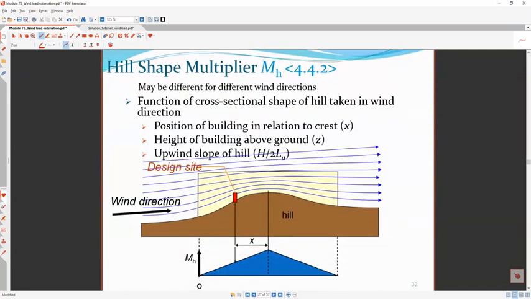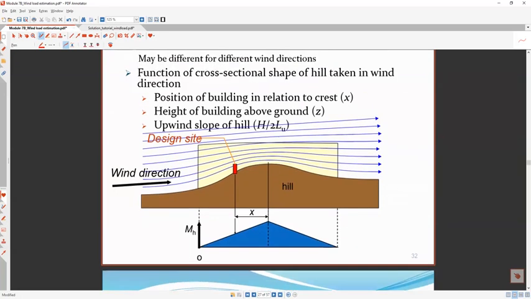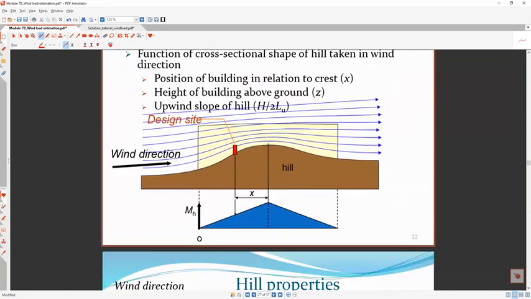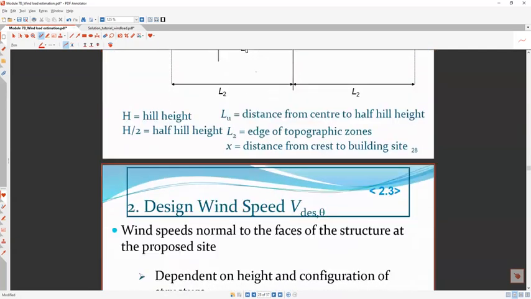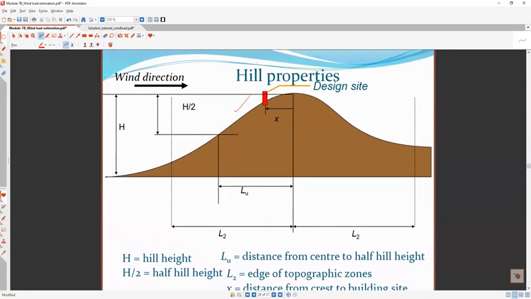Again, there's an expression in the standard which you have to use to calculate that multiplier. So you can see this plot. If the building is located here, then you need to have all this information to calculate. If you don't have it, then you cannot calculate. You need to have all this information, and then yes, you can calculate that topographical factor.